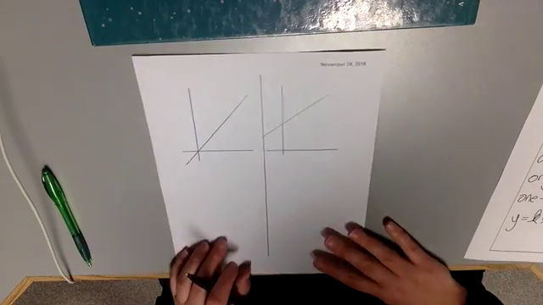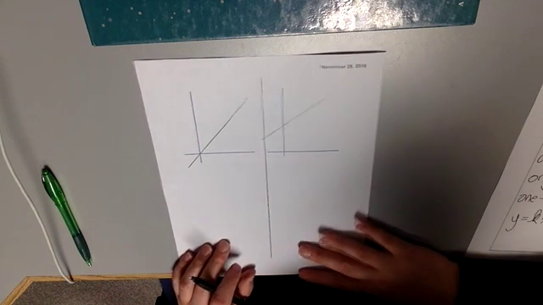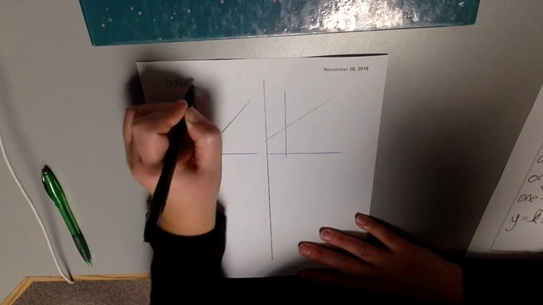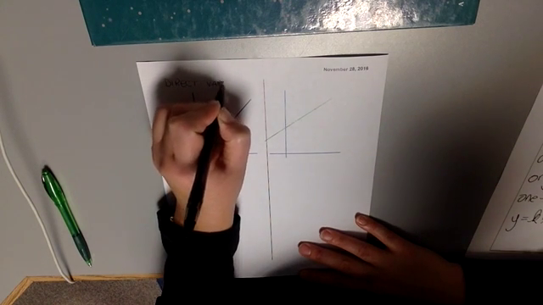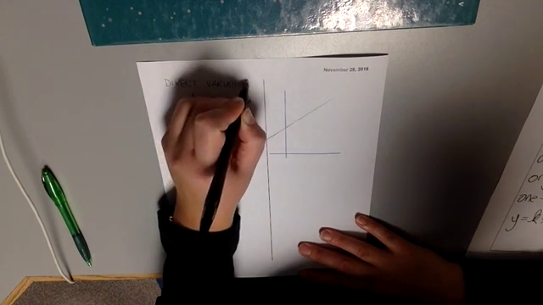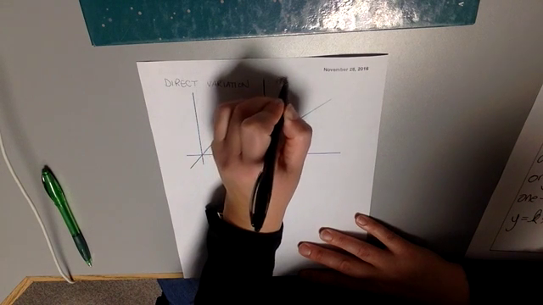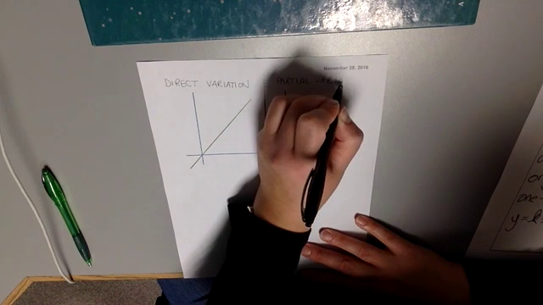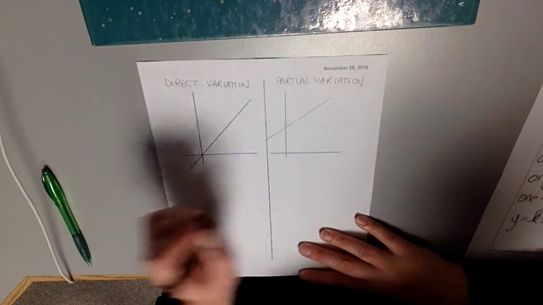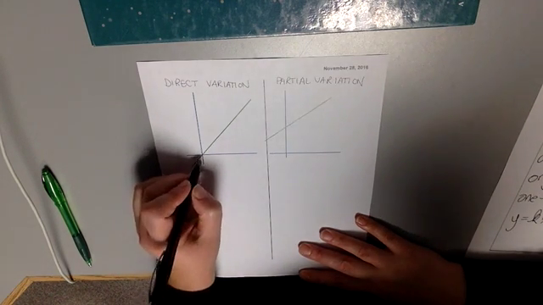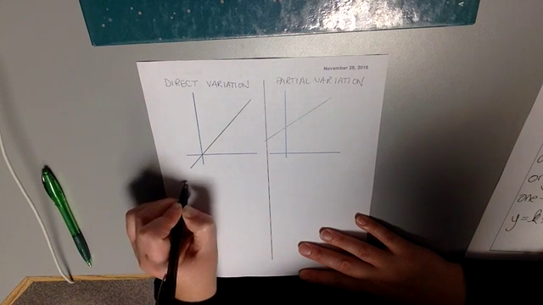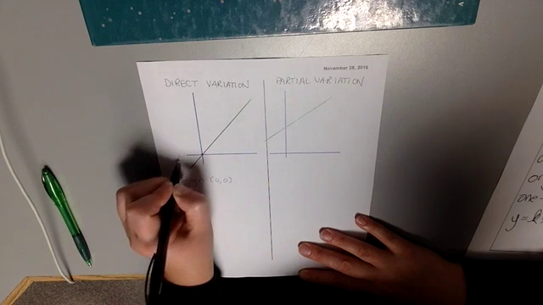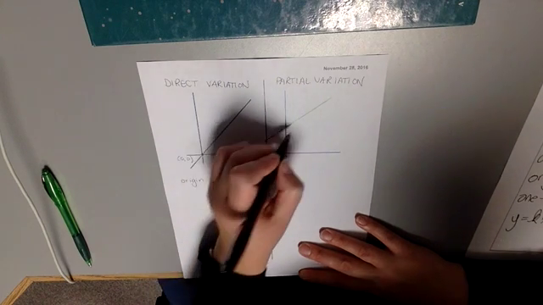So let's just remind ourselves of the differences between partial variation and direct variation. So we have direct variation and we have partial variation. Direct variation begins at the origin, right here at 0, 0.